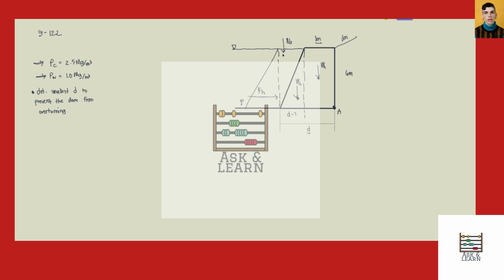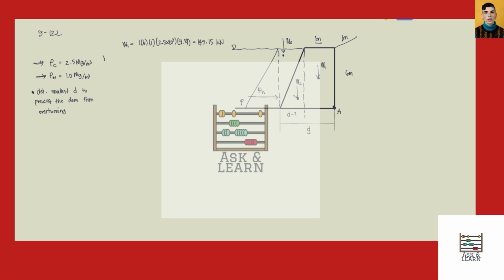So now we can solve weight 1. So weight 1 is equal to 1 times 6, which is the cross-section area, times 1 times 2.5 times 10 raised to the 3 times 9.81. So we have 147.15 kilonewtons.